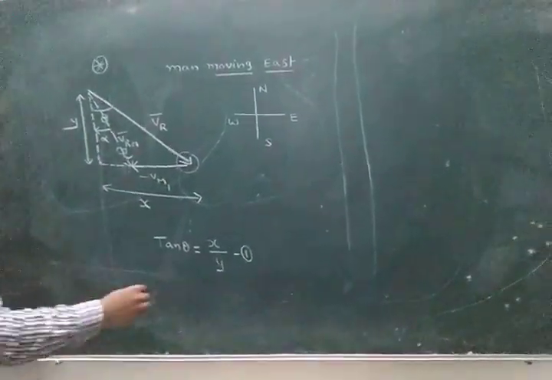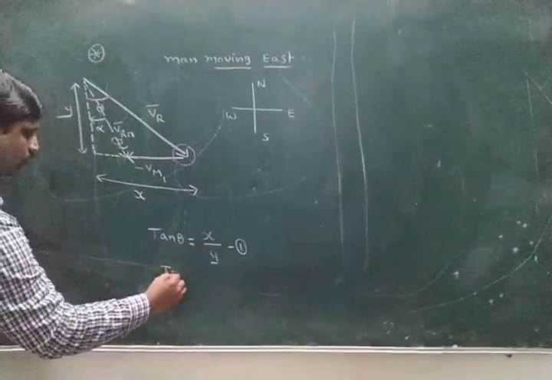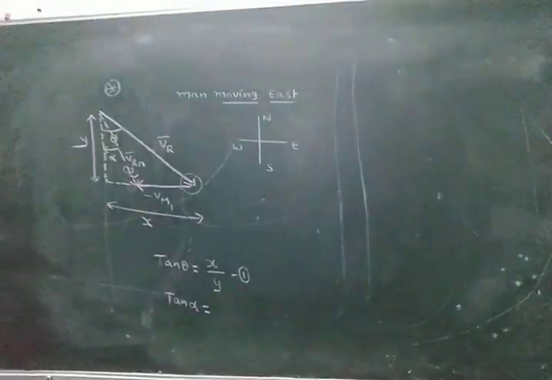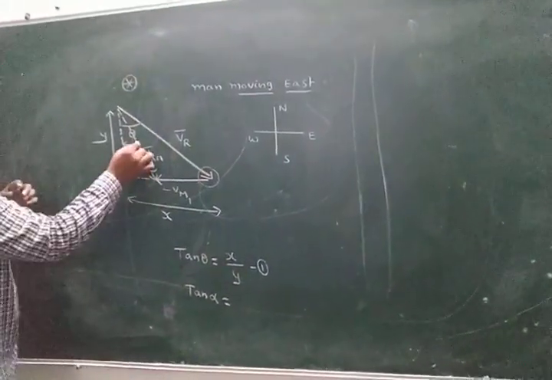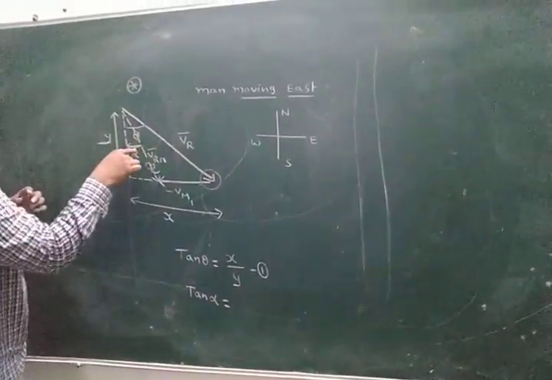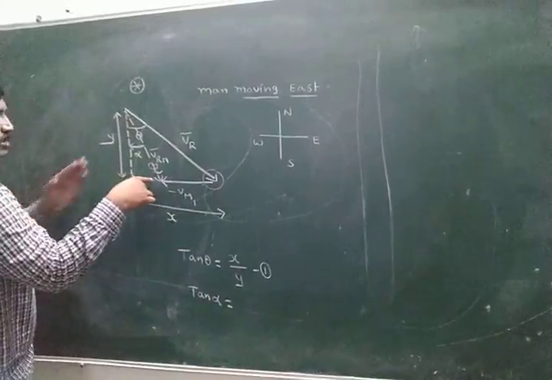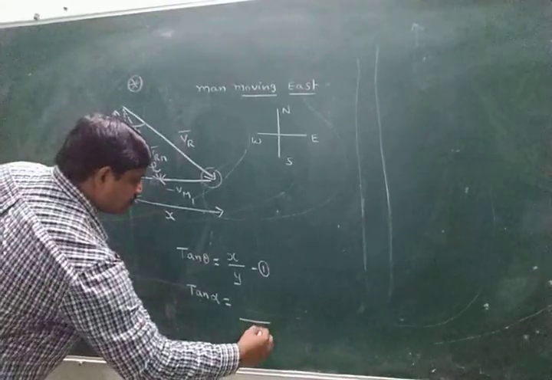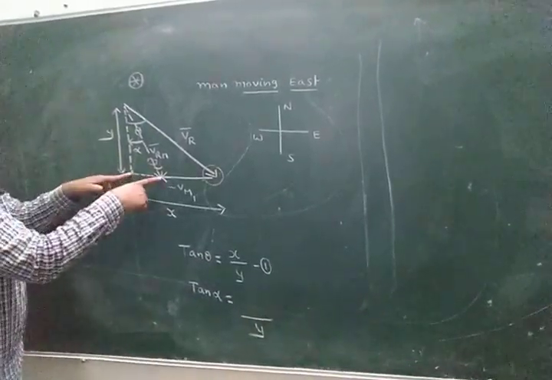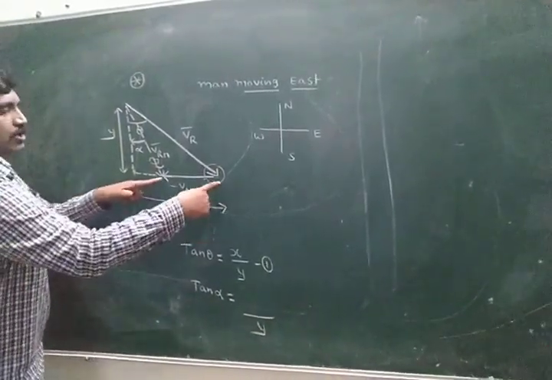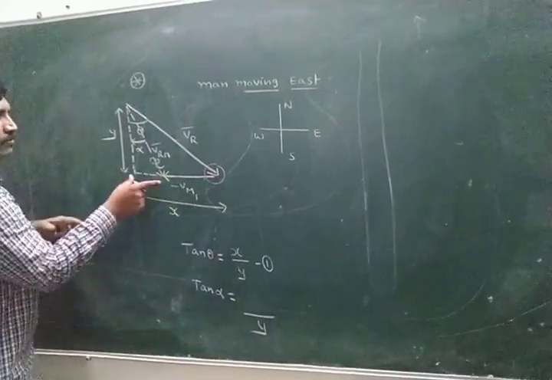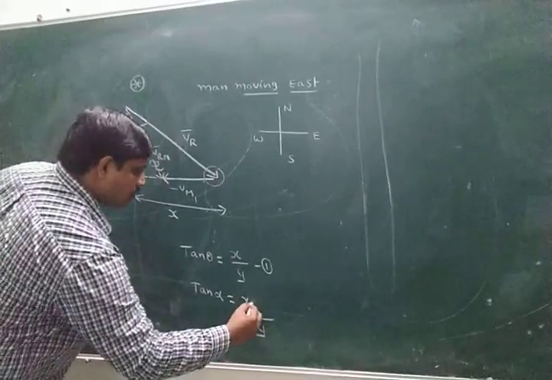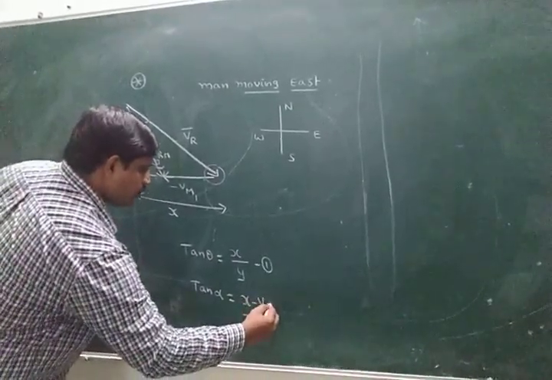What is tan alpha? Look here. Tan means, here this is the angle. This is the opposite side. This is the adjacent side. The adjacent side is y. Here to here is x. Here to here is Vm1. The remaining is x minus Vm1.